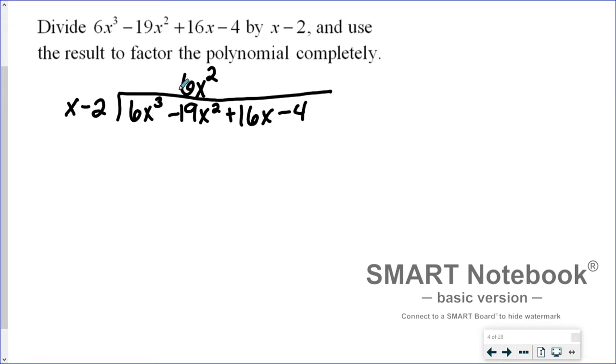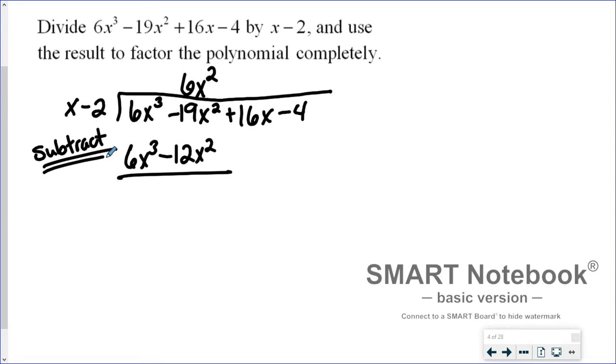Once we do that, we take this number and distribute it by my entire divisor. So we get 6x cubed minus 12x squared. Now we have to be careful, because we're subtracting. It's very important that you remember that we're subtracting. If you want, you can change the sign of both of these things and add.